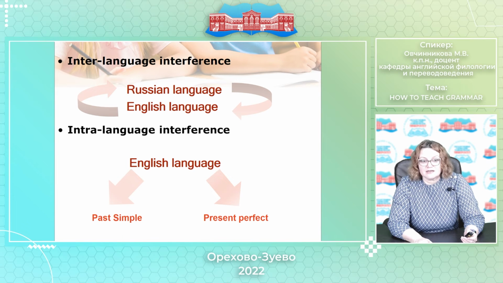They do not understand how two actions can be defined, because the action in past simple and the action in present perfect happen in the past. And for our understanding, for our meaning, it's quite difficult not to mix these two verb forms. So, now we understand what the interlanguage interference means and what intralanguage interference means too.